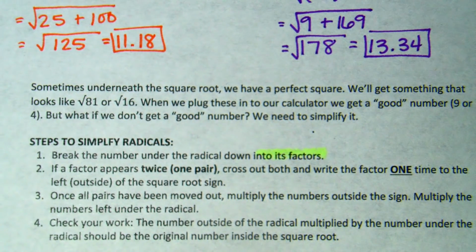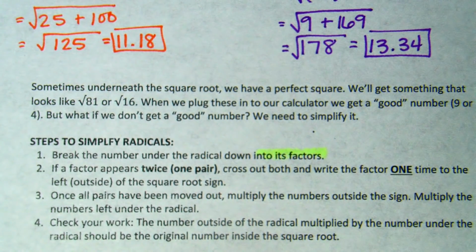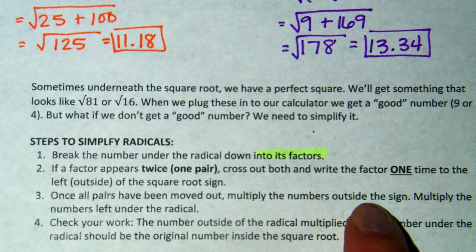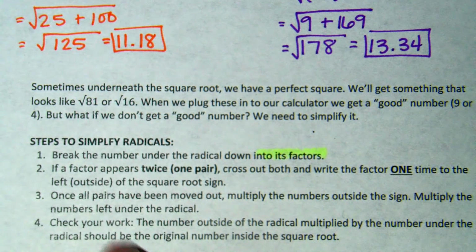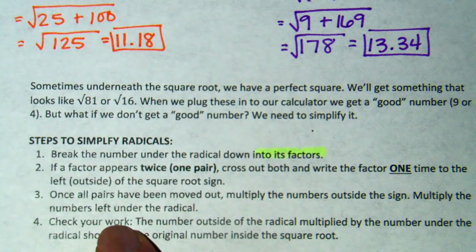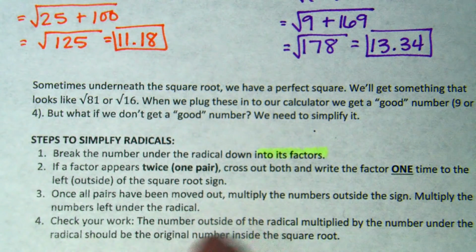Once I've crossed out all possible pairs, we multiply the numbers outside the sign, and then whatever's left inside, we multiply those as well. When we're done, we check our work. The number outside multiplied by the number inside the radical should be the original number that we had.